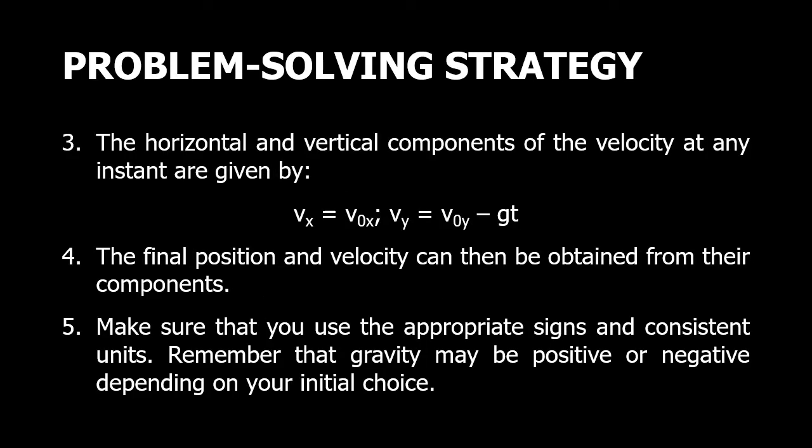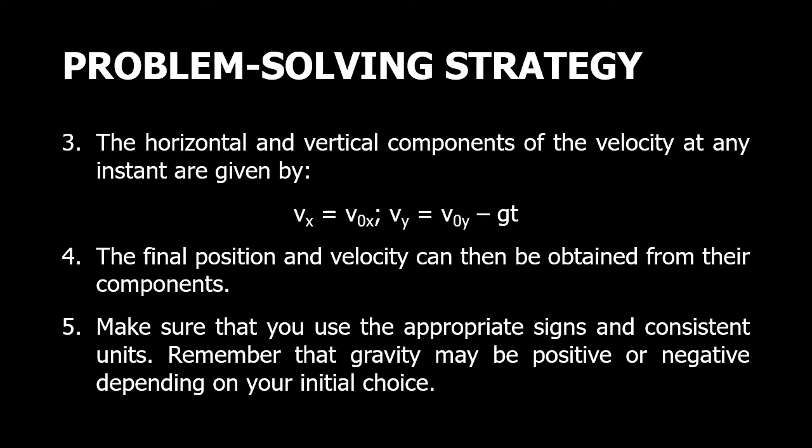Number 2, usually asked are the horizontal and vertical components of the displacement. This will be the formula to solve for the x and y components. Next, number 3, if we're talking about the horizontal and vertical components of the velocity, don't be confused with the two formulas. If they are asking for the velocity, this will be the formula you're going to use. If they are asking for the vertical and horizontal components of the displacement, that will be the formulas in number 2.